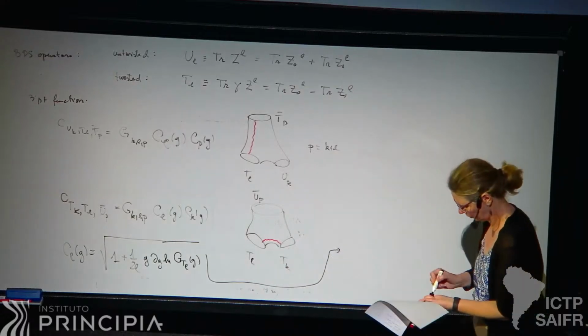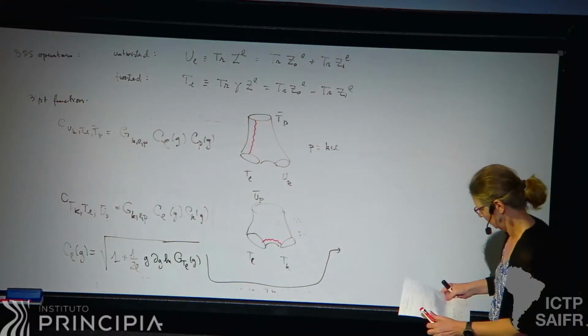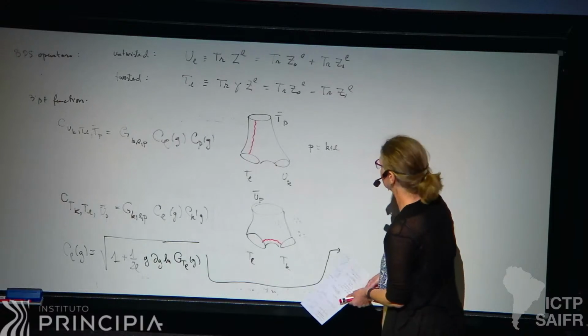This formula, okay, it's not very transparent as it is.